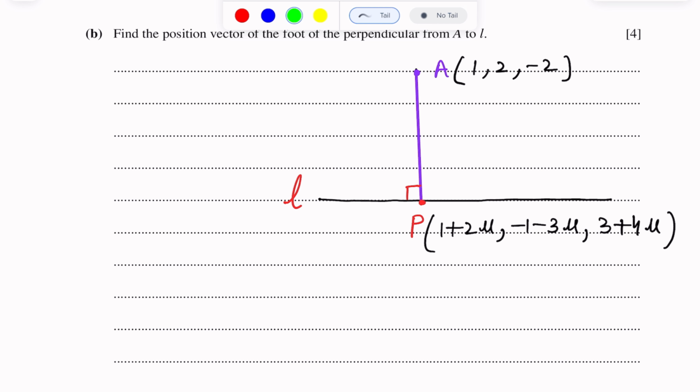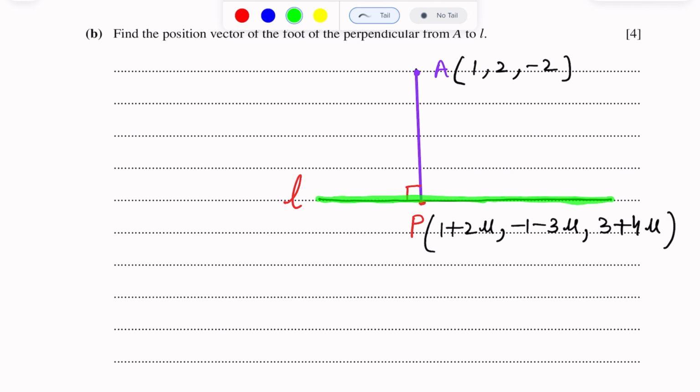Since these lines are perpendicular, the dot product of the direction vector of line L and the direction vector of AP must be equal to 0. The direction vector of line L is given.